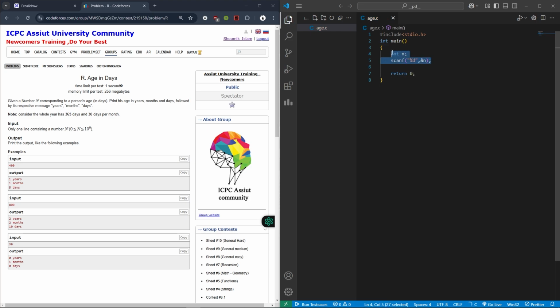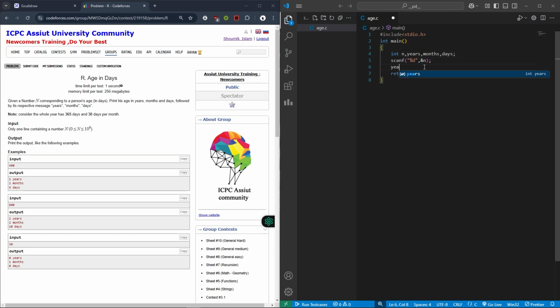Now that we've got the input, we have to calculate how many years there are. So let's define them over here: years, months, and days.